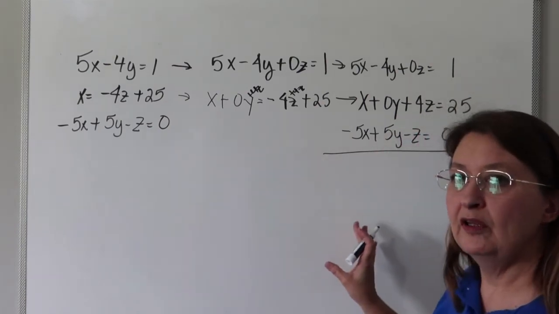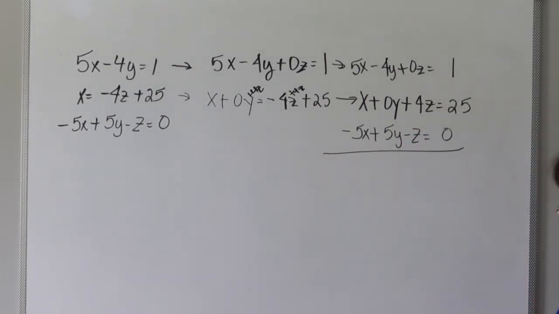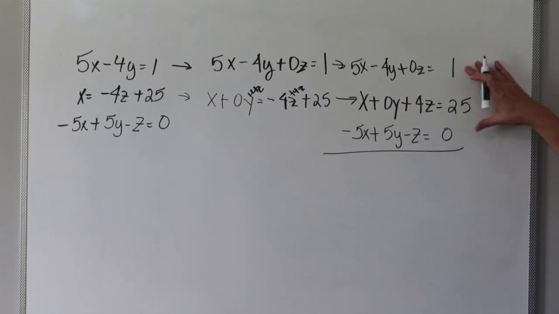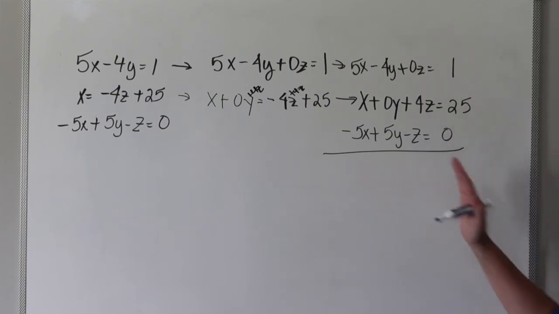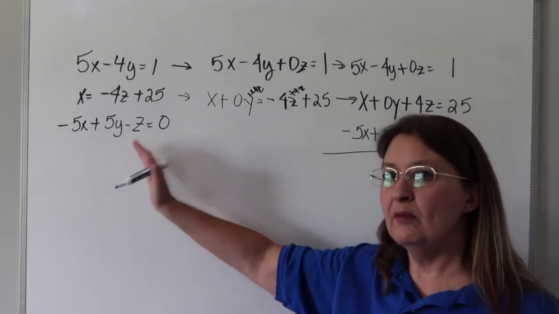Now I have a perfectly prepared system of equations. So, just like the first one, you're going to pair numbers 1 and 3, or 1 and 2, or 2 and 3, however you decide to pair them up. So you'll go through that whole step-by-step process here. I just want to show you how to prep some equations that were not in standard form or did not already have three variables.